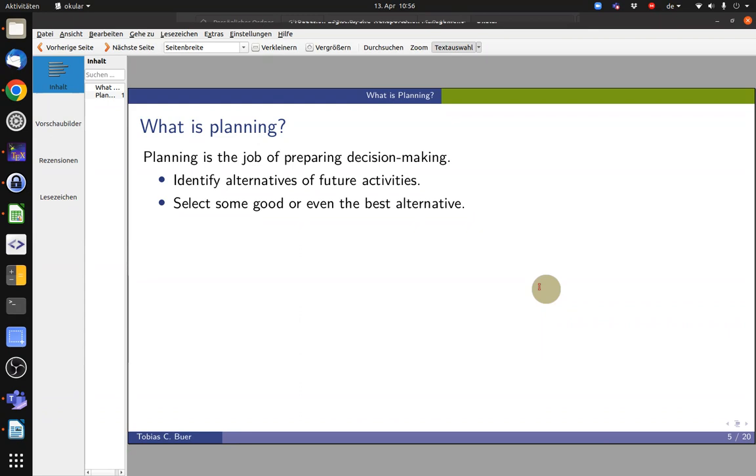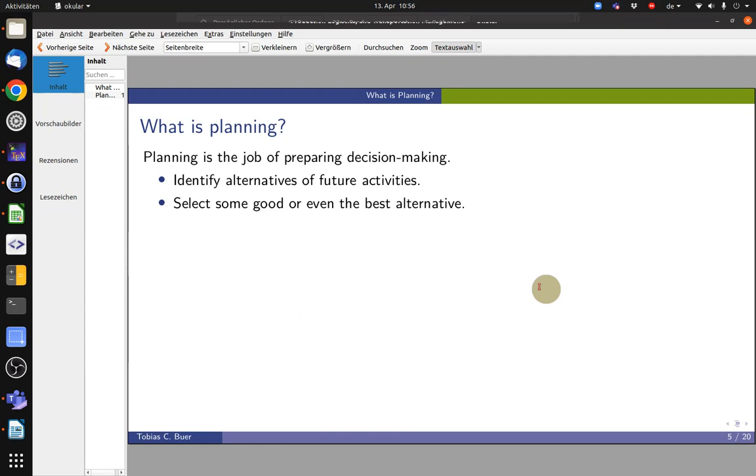So if you prepare for your midterm exams in the next week and you want to plan your time until then, you have different alternatives for how you can use your time. You can spend a lot of time on the course that you will have your midterm exam. You can spend time on all the courses and a little bit more on the course you have your midterm exam coming near.